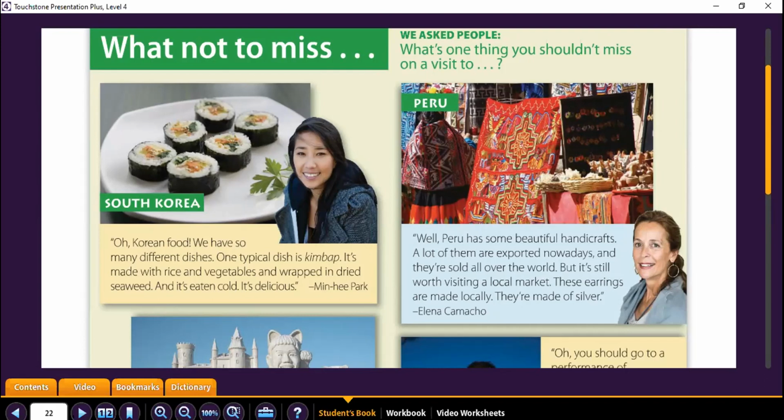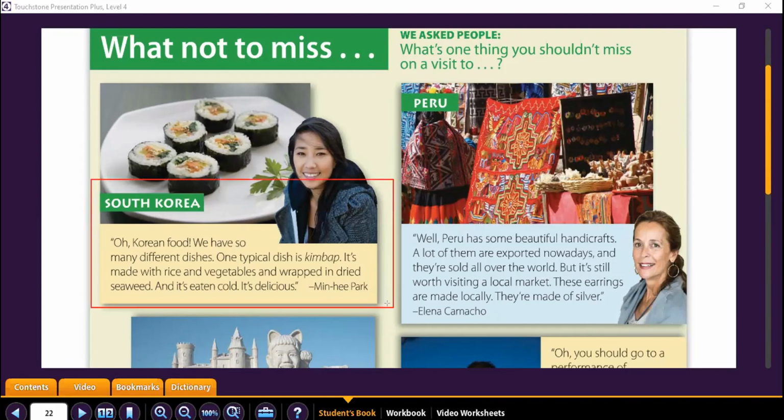Por ejemplo, Ecuador, se escribe igual en inglés, pero el acento va a ser diferente, el acento empieza en la primera E, Ecuador, ¿sí? So we have Ecuador.